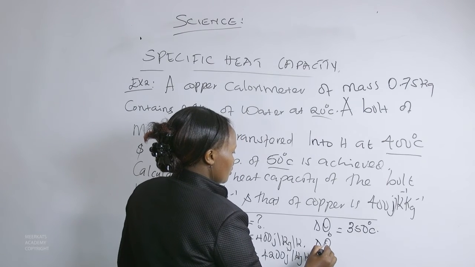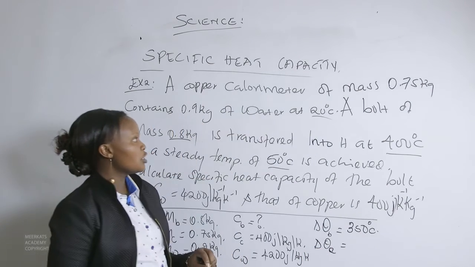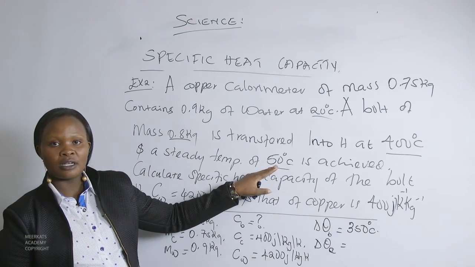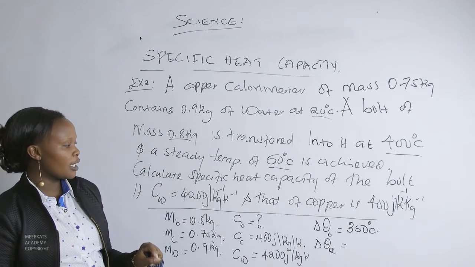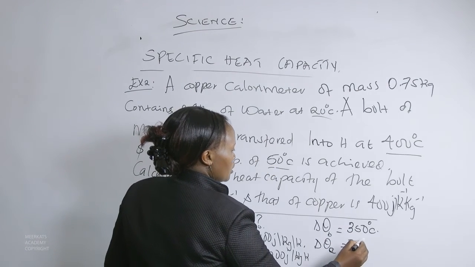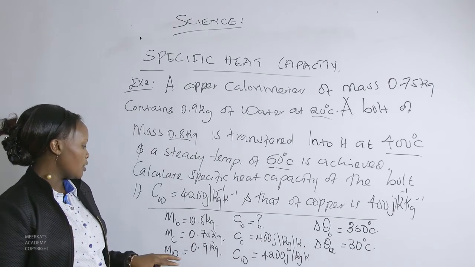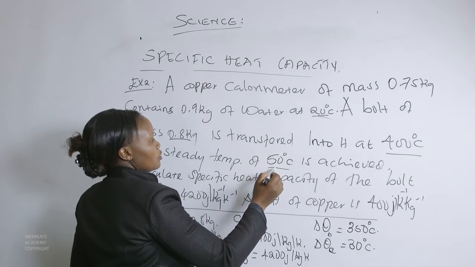Now, that of the calorimeter rises from 20 to 50, depicting a gain of 30 degrees centigrade. Then we have that of water also changing from 20 to 50.